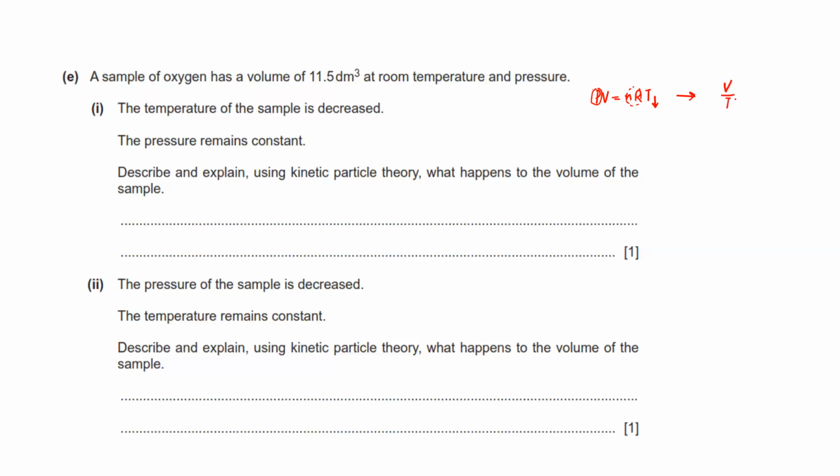V divided by T equals nR divided by P, which is constant. So V by T is a constant. If temperature is decreasing, in order to keep this constant, your volume will also decrease. Otherwise, if temperature decreases and volume increases, this overall value will decrease. So this is one way, but you have to describe using kinetic particle theory.